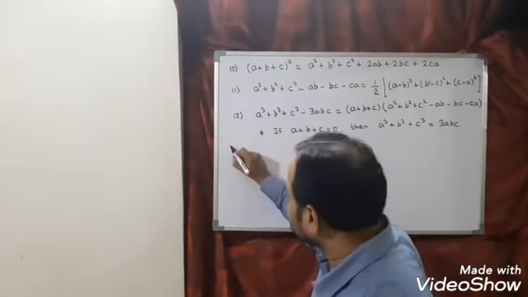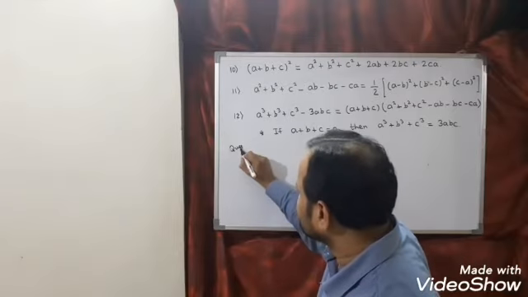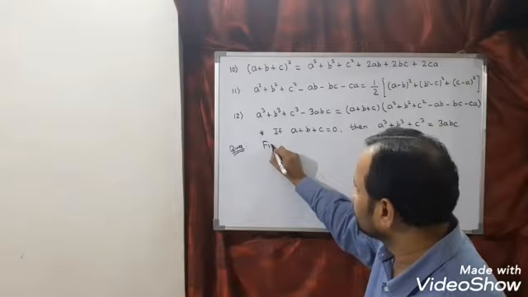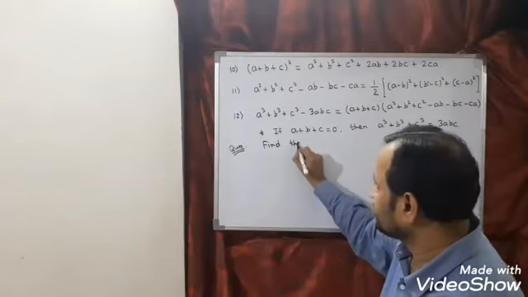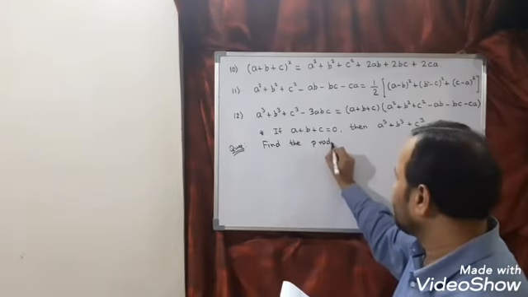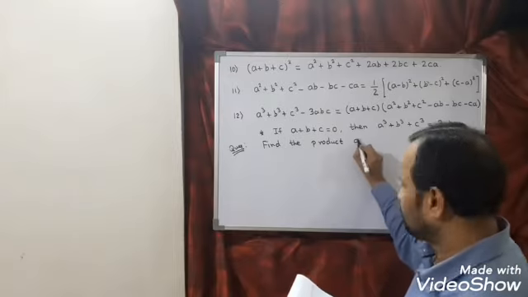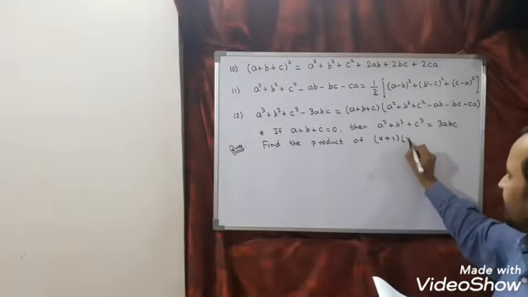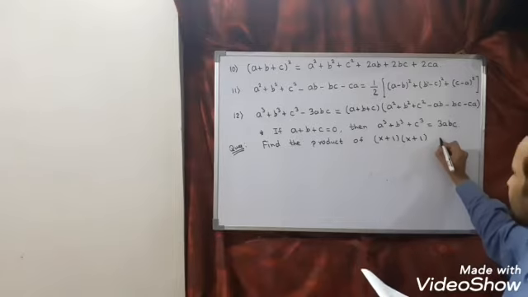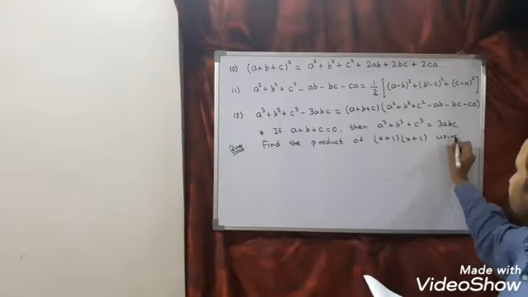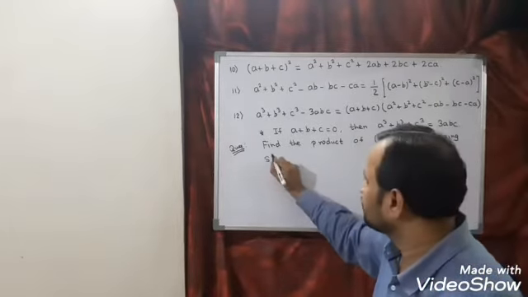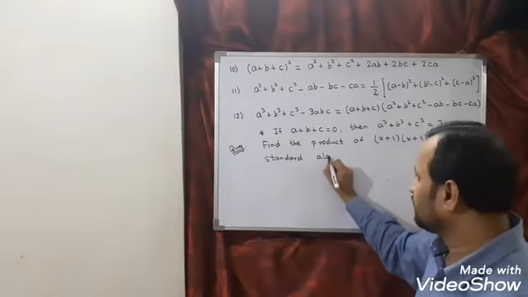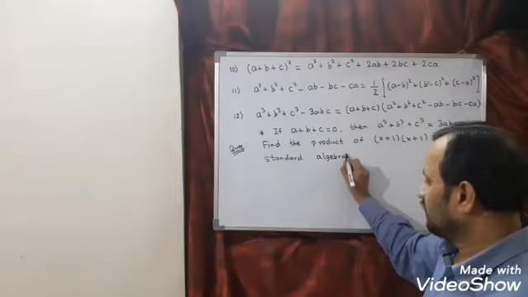So let us see this question. Here the question is, find the product. Let us see a simple question first. Find the product of x plus 1 into x plus 1 using standard algebraic identities.